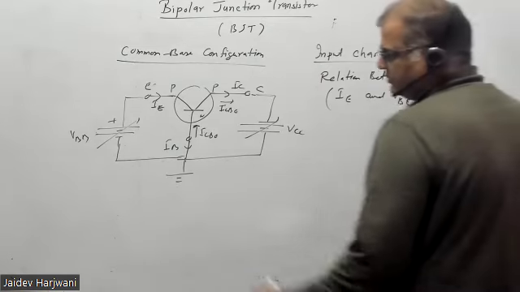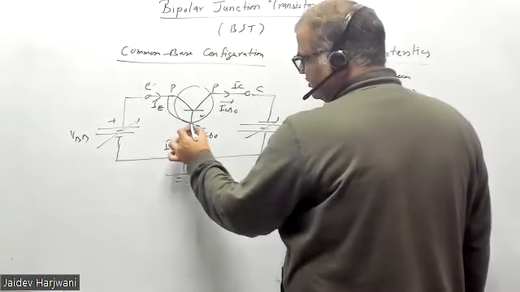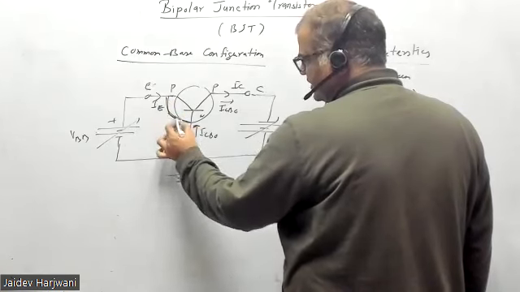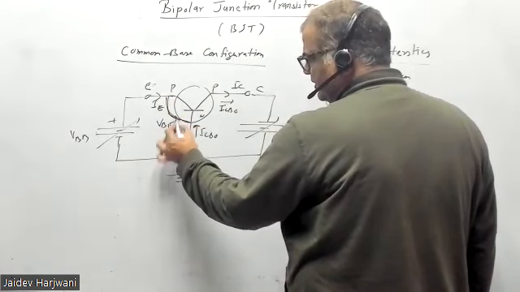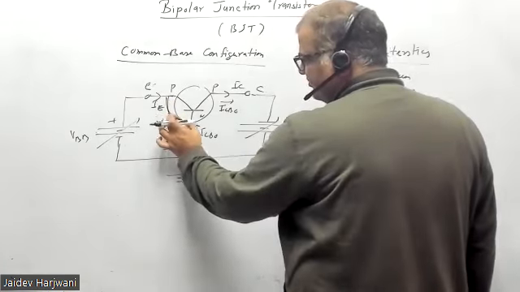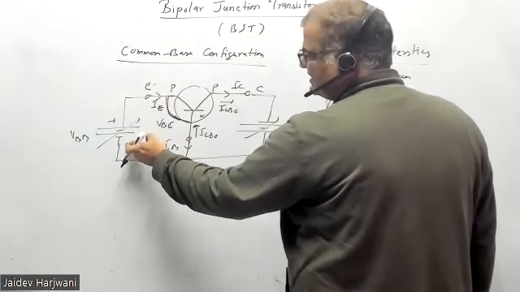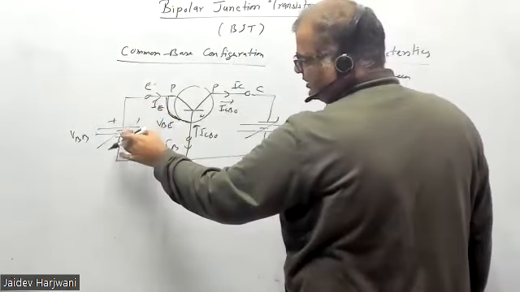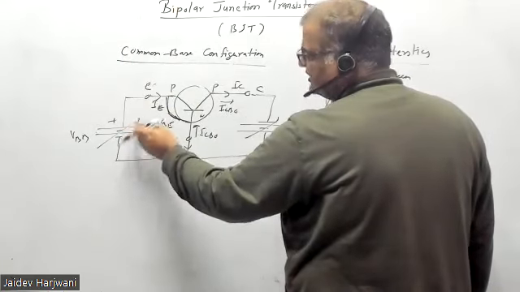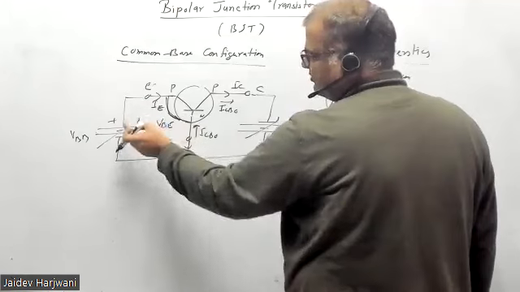Here when you apply voltage, the voltage drop across this junction is VBE. You vary this VBE, so this current will vary. There may be some resistance also there. But when you apply it here, it looks like a parallel connection, but don't worry about that.